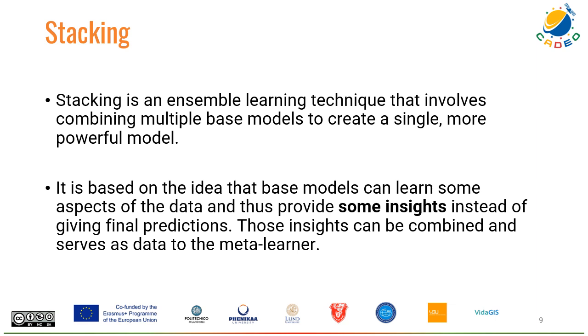The meta learner learns to combine these predictions to make the final prediction. By leveraging the diverse perspectives of the base models, stacking can often achieve better predictive performance than any individual base model alone. This technique is particularly effective when base models have complementary strengths and weaknesses, allowing the meta-learner to learn from their collective knowledge and improve overall prediction accuracy.